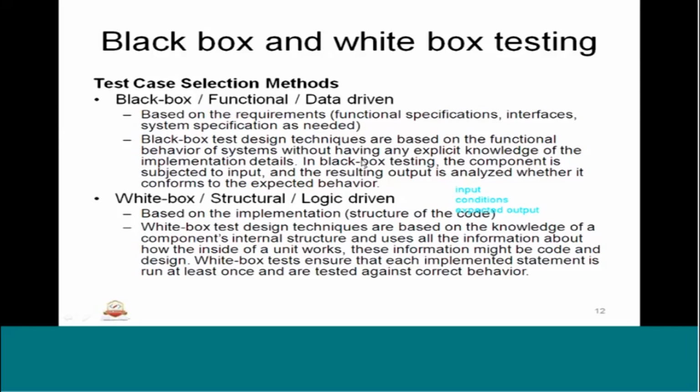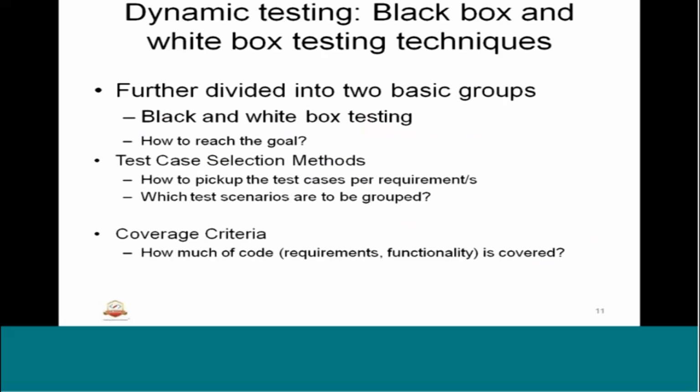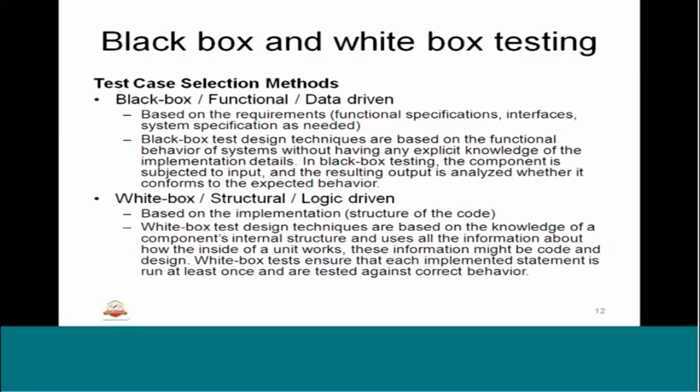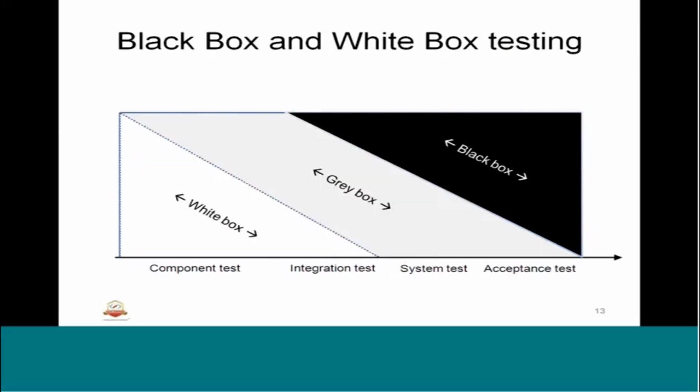Here is a diagram which clearly identifies how black box and white box testing are going to be used. We know that component level testing is there, integration testing, system testing, acceptance testing down the line, and as an embedded system we have to cover it.